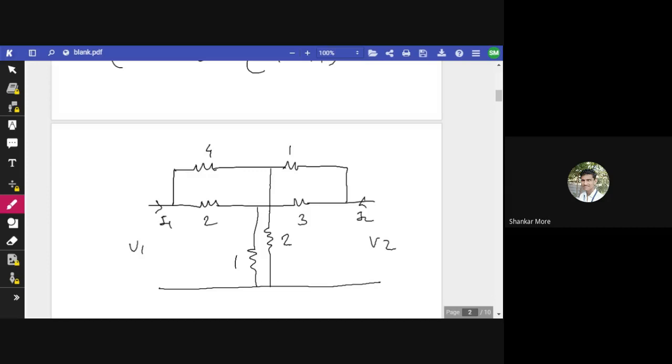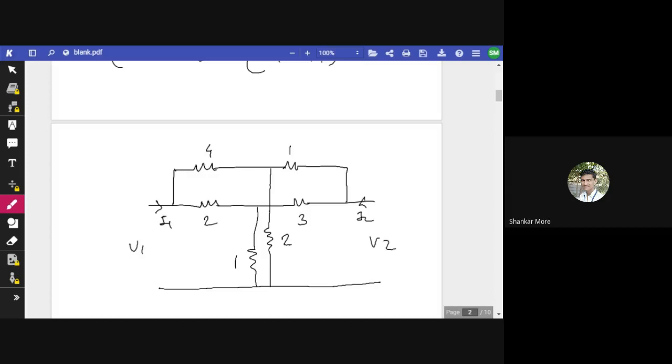Let us suppose we have been asked to calculate Y parameters for this entire resultant circuit. What we will do is calculate Y parameters for one circuit separately and for the other circuit separately, and then we can directly add them to get the resultant Y parameters.